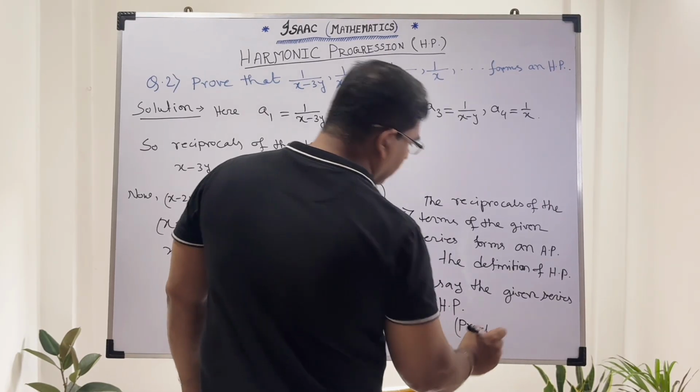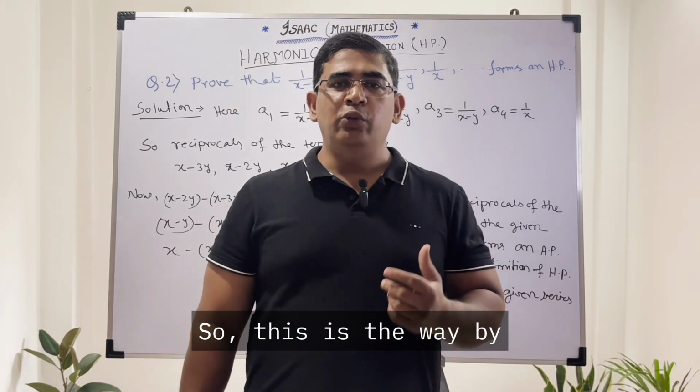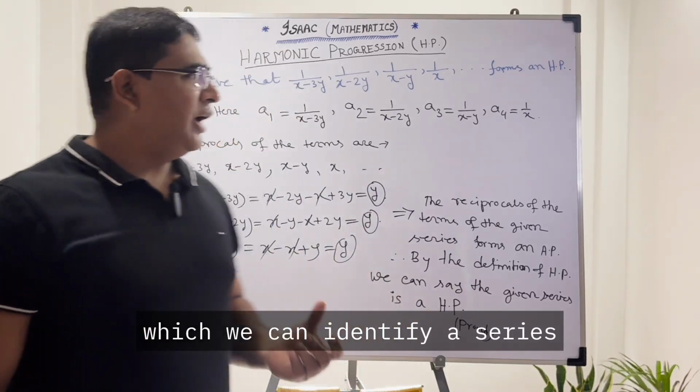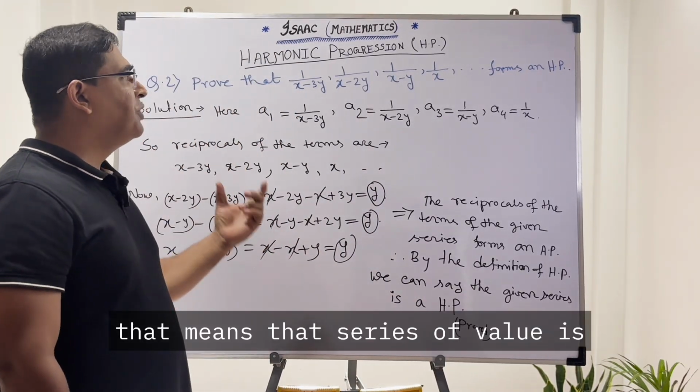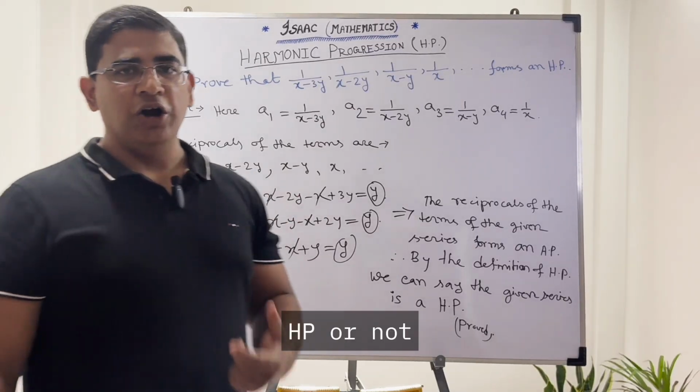Good. So, this is the way by which we can identify a series. That means whether that series of values is an HP or not. Okay.